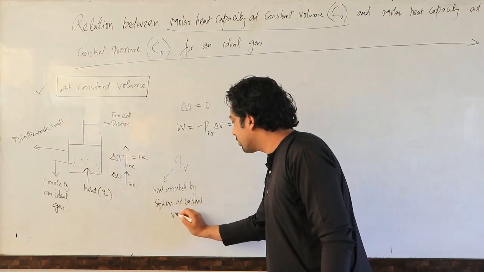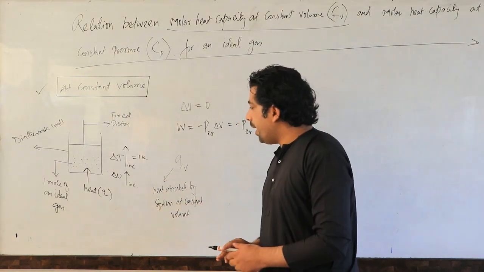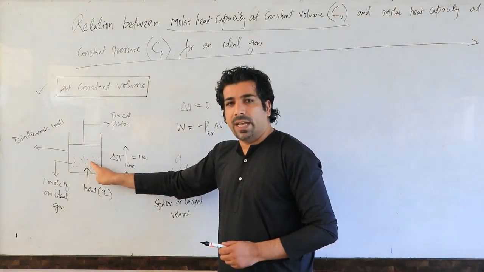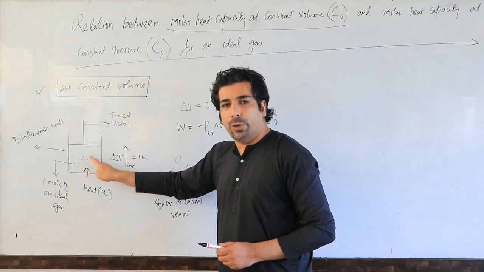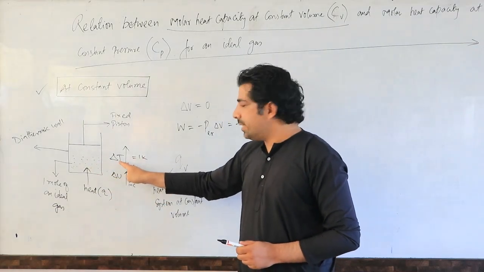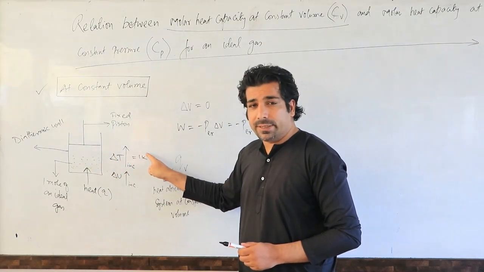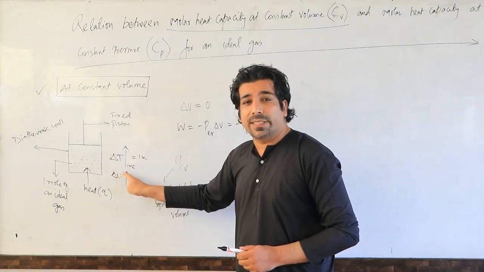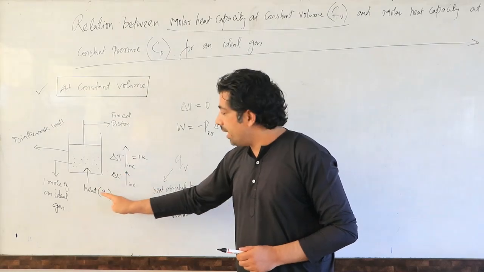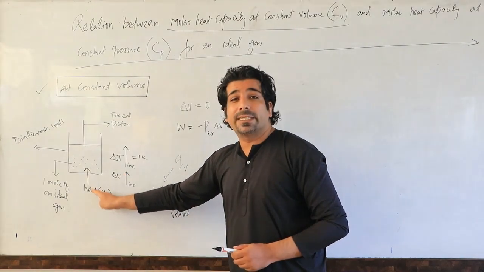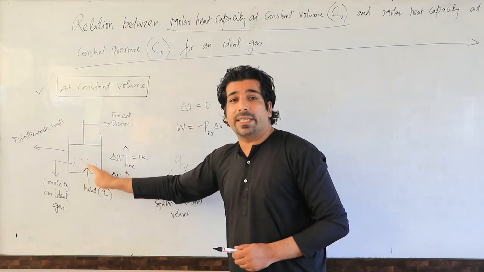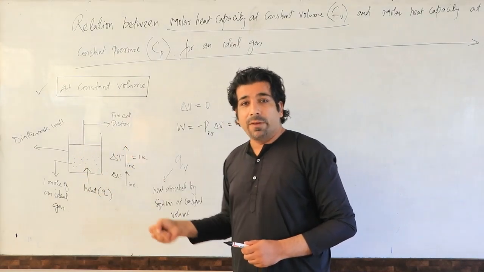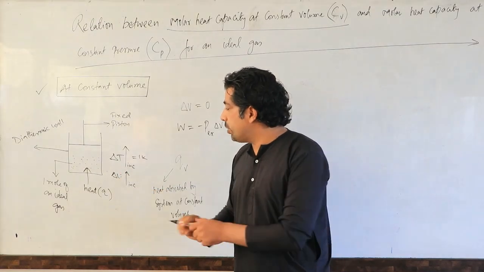And when the heat is absorbed by the system, that is 1 mole of a gas at constant volume, it will increase the temperature by 1 degree Celsius and it will also change the internal energy of the system, my dear friends. So can I write down that the heat supplied to the system, or we can say the heat absorbed by the system from the surroundings, will change the internal energy of the system.